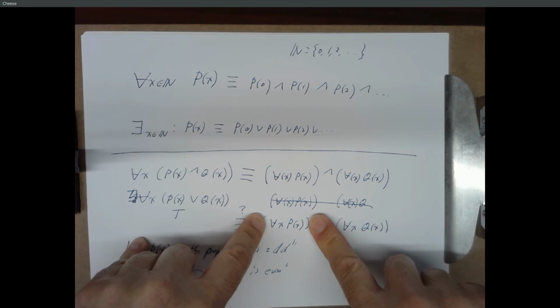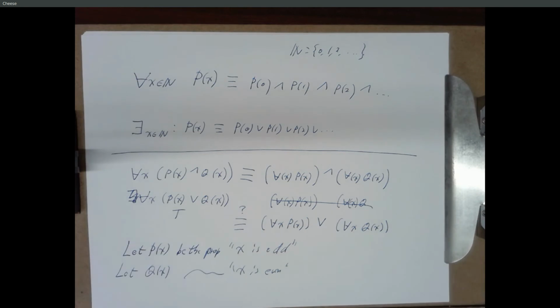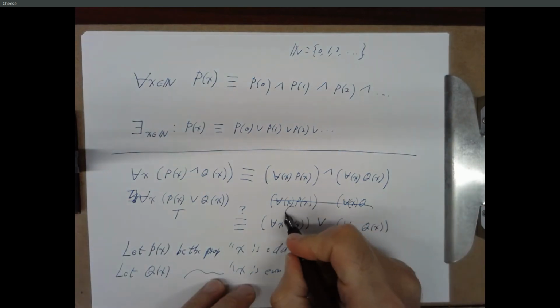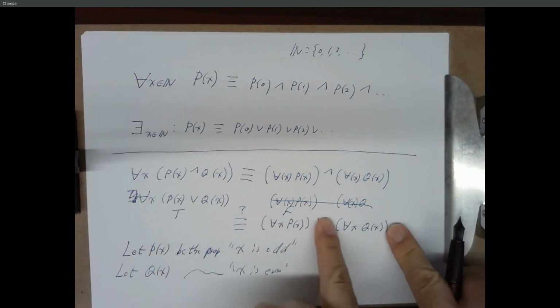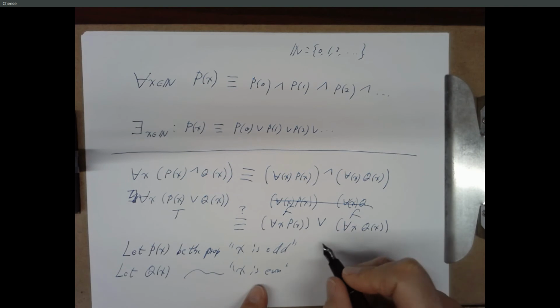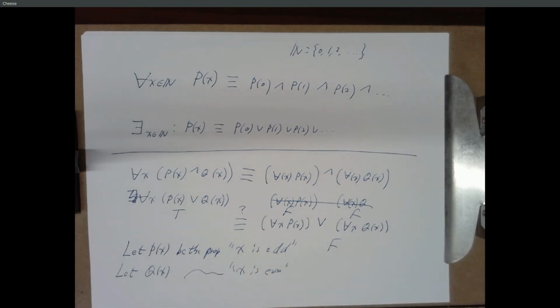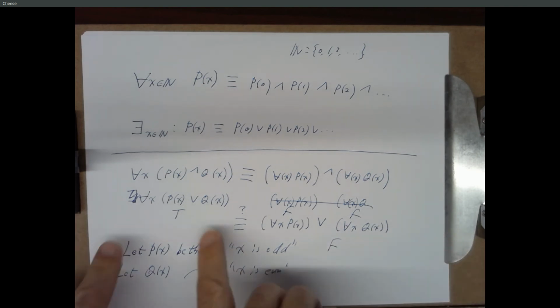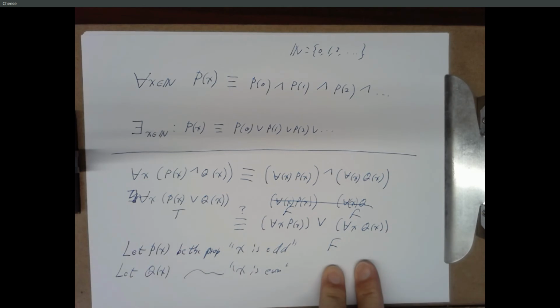Is that true? Is every integer odd? No. That's false. And this proposition over here says for all X, X is even. Is that true? No. So that's false. And false ORed with false, that's false. So there's this pair of propositions where the left side's true, the right side is false. They can't be logically equivalent.